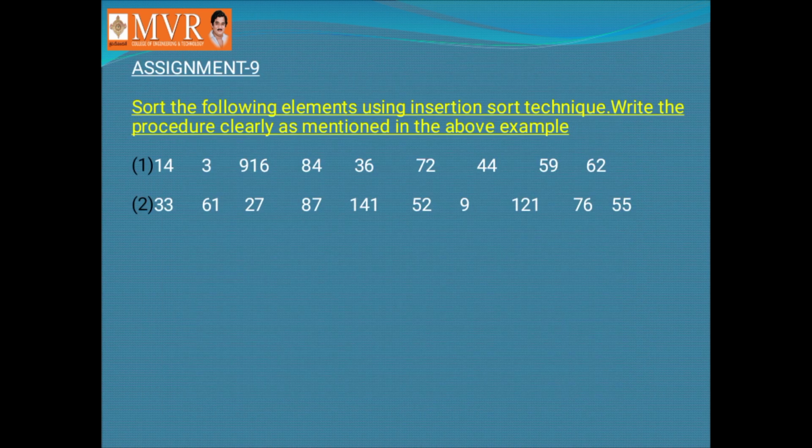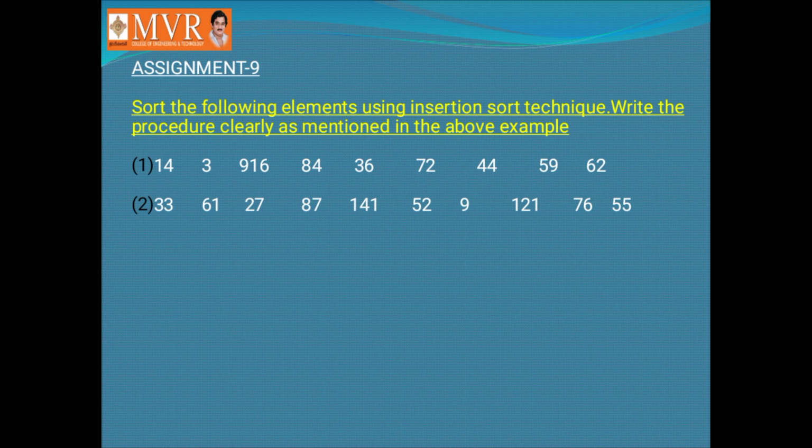See, here is an assignment for you. Perform the quicksort technique. Sorry, I have given insertion sort. You perform the quicksort technique on the given list of elements and write the descriptive algorithm as well as the normal algorithm clearly after performing the sorting using quicksort technique.